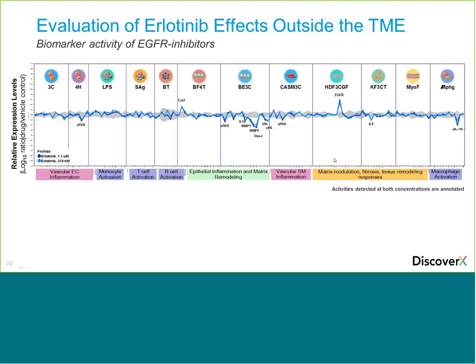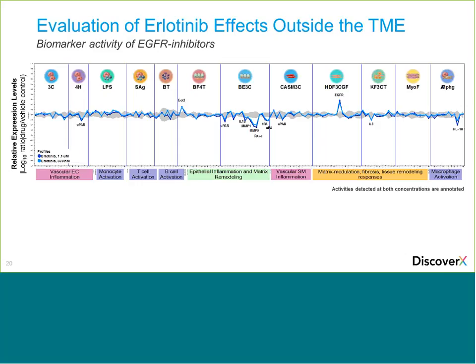And what we observe here is the outcome from our Diversity PLUS panel, where we have 12 different primary cell co-culture systems that are all based on normal human primary cells that are co-cultured to model different disease processes, and none of these co-culture systems utilize any cancer cells or cancer cell lines, again indicating that each of these is more reflective of what we would observe in a normal biology outside of the human tumor microenvironment.